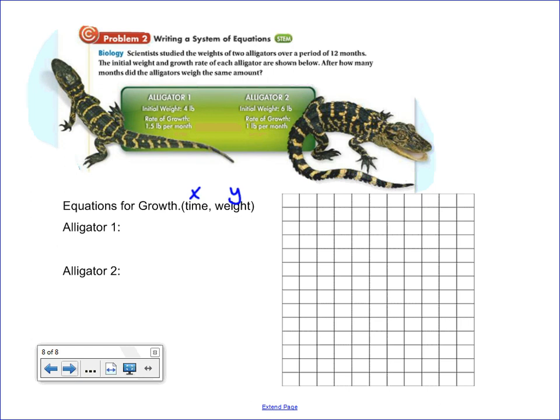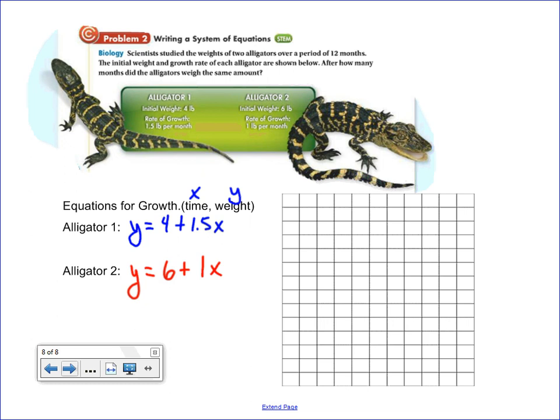Alligator 1: the weight started at 4, and it grows at 1.5 every month, so the equation would be y = 4 + 1.5x. The second one: the weight starts out at 6 plus 1 pound every month, so it would be y = 6 + 1x.